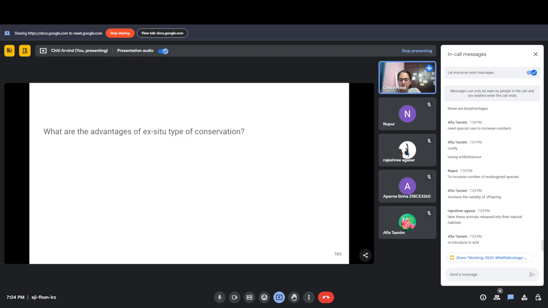And the reintroduction part is where things get tricky because, as Afia mentioned earlier, since they are in constant human contact, they have forgotten how to survive in the wild, right? They don't know how to fend for themselves, how to catch their own food, how to defend themselves from predators. So utmost care must be taken in captive breeding programs to ensure that whichever organism is being dealt with has minimal human contact, such that they do not get habituated to having humans around them all the time.